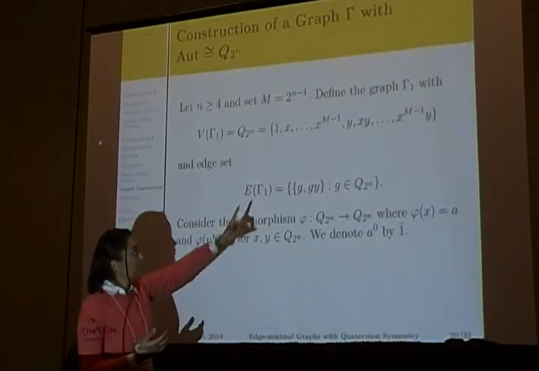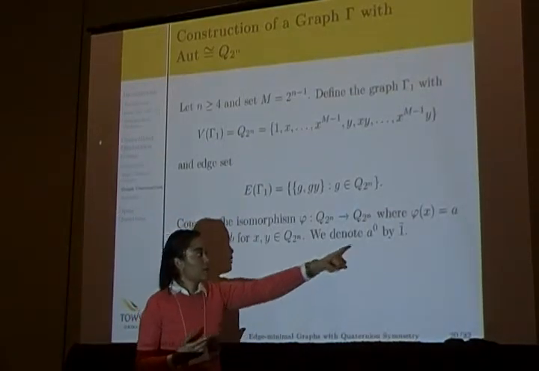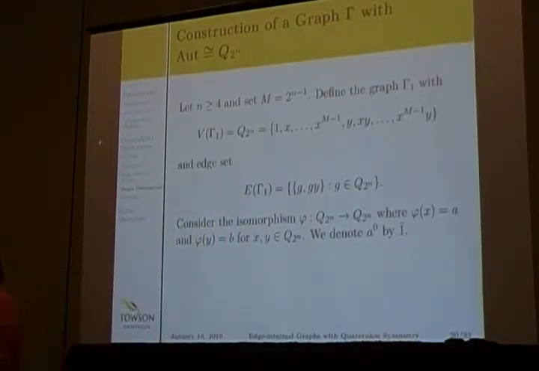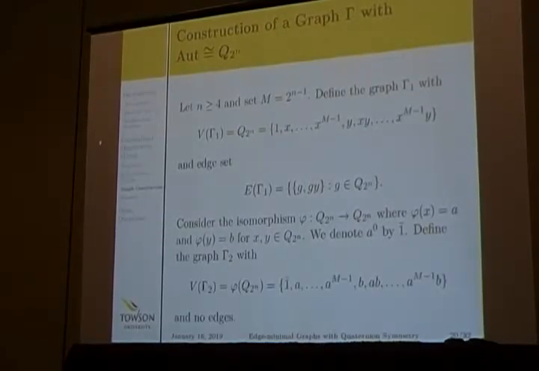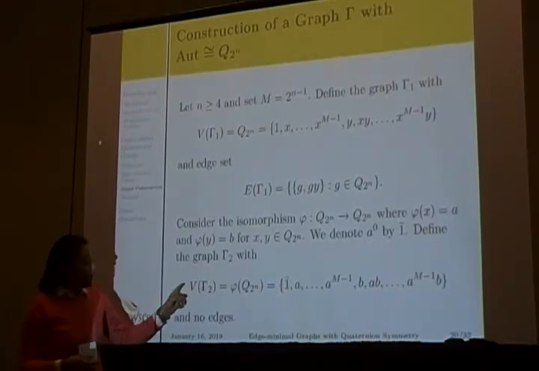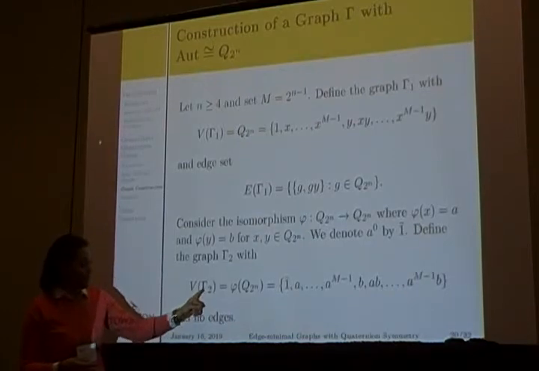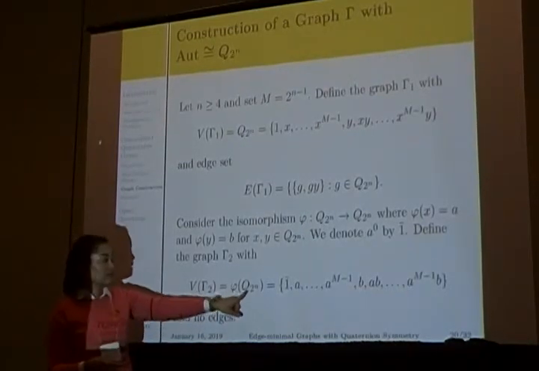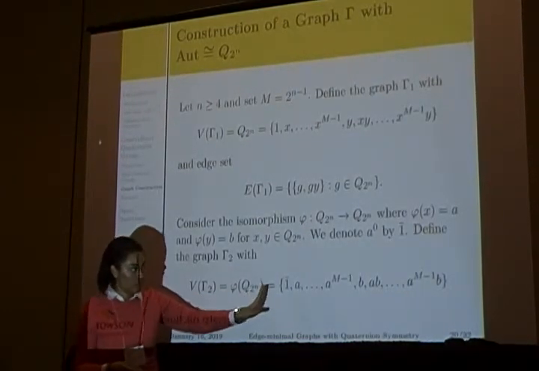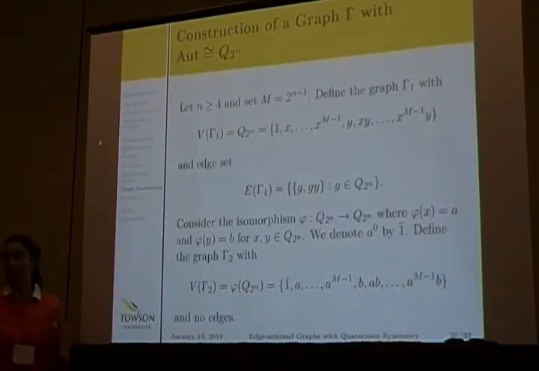And just so we don't have two vertices labeled 1, we're going to let A to the 0 be denoted by 1 bar. So this other vertex set in the subgraph gamma 2 will just be this isomorphism of our Quaternion group. So we have another copy of the Quaternion group labeling our vertices in the graph. Those vertices in gamma 2 are not connected.